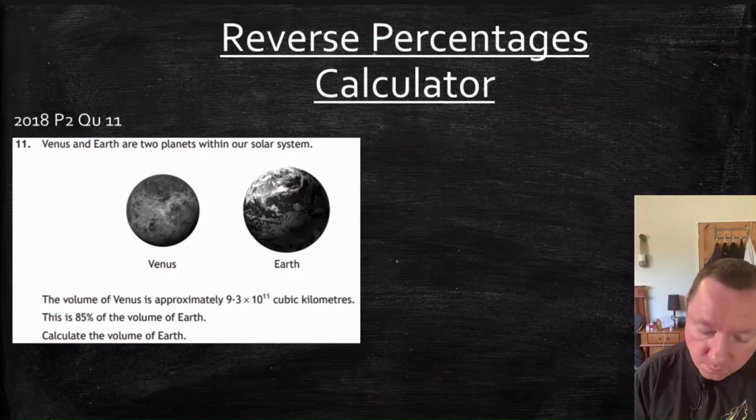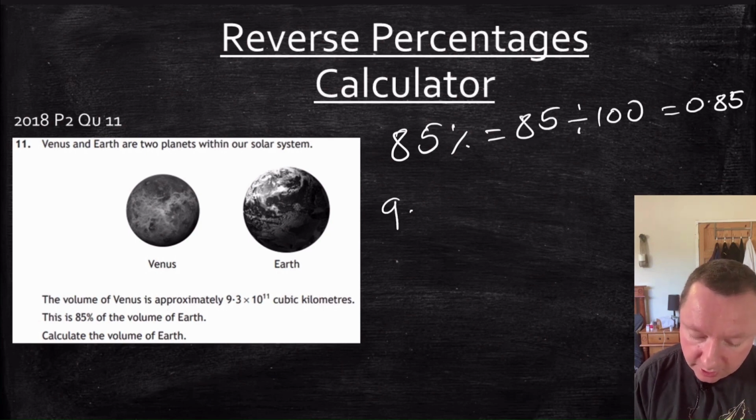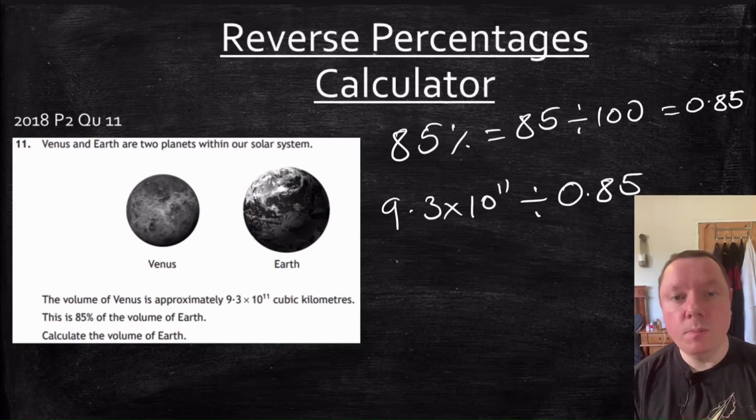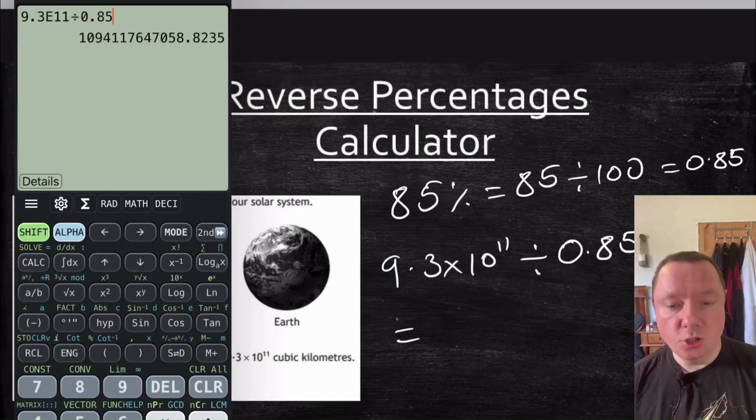Okay. So 85%, change that to a decimal. 85 divided by 100, 0.85. So we now just take our number, 9.3 times 10 to the 11, divided by 0.85 to get back up to 100%. 9.3 times 10 to the power of 11, divided by 0.85, and we get a huge number.